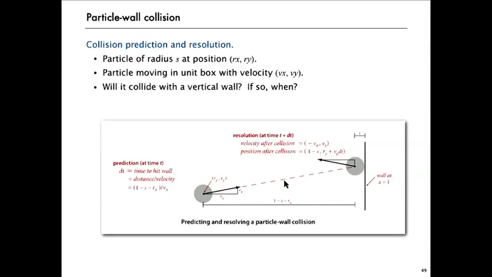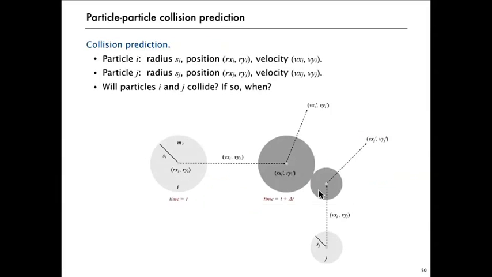And so that's the prediction. And then the resolution when it hits the wall is just going to change the velocity. So that's just an example of collision prediction. When's it going to hit the wall? And resolution, what do you do when it gets to the wall?